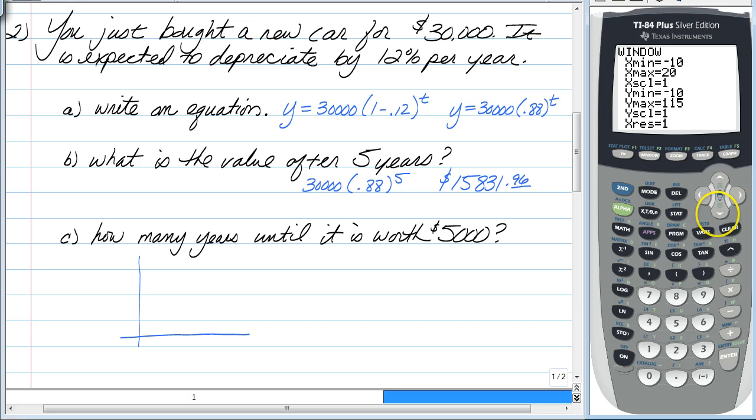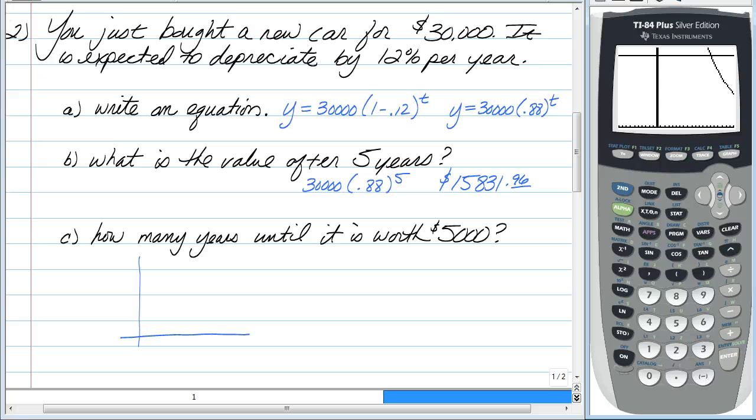Now the 20 might be fine, but you need to change your Y max to something much higher. And I apologize, Y2 is actually supposed to be the 5,000. I was jumping ahead of myself. And then you press graph, and now everything should show up.